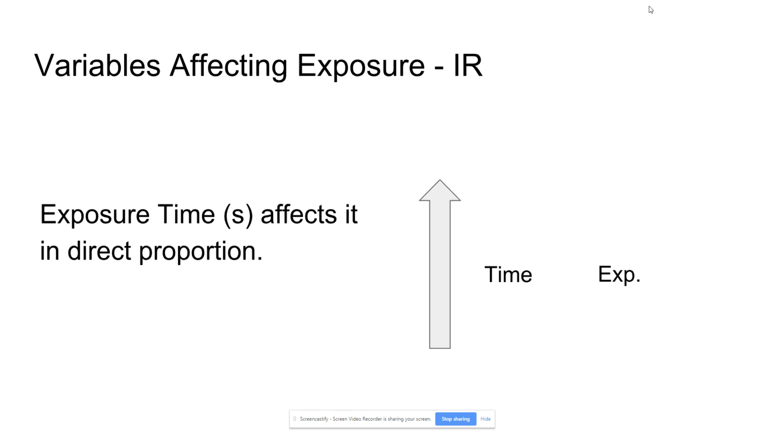Guys, want to take this one? If the time increases, what happens to the exposure? Increases, same thing, right? Except now, the mA was determined, so our filament is a certain temperature, but now how long do we keep it on, essentially continually increasing thermionic emission, and again, more photons over that period of time will lead to higher exposure received by the patient and the image receptor.